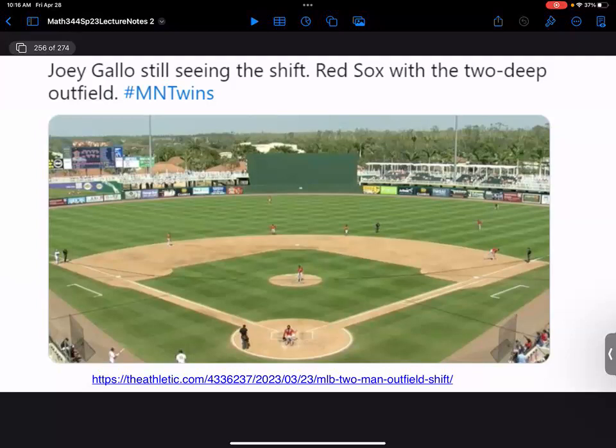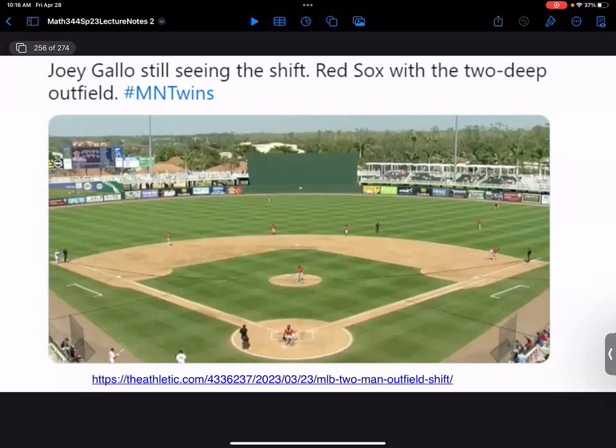What else might matter? And again, some of this, you do need a little bit of knowledge of baseball. If you don't know baseball, that's fine. What else might change how a pitcher pitches? Well, you could pitch differently according to the shift, but there's something else. How many pitches he's already pitched?